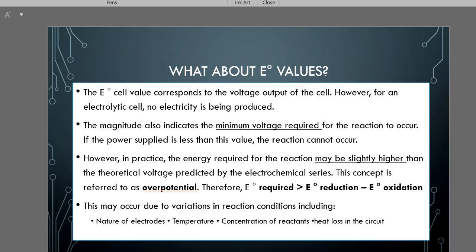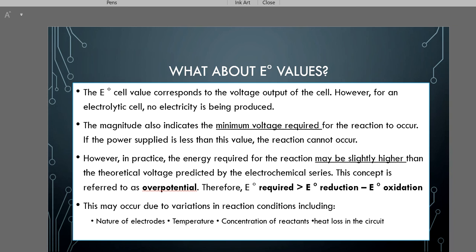But what we're working out is the minimum voltage required for that cell to work. So rather than how much we're going to get out of that cell, we're looking at how much energy needs to be put into the cell under standard laboratory conditions to get the reductant and the oxidant actually reacting and producing our products. You can actually use the series for this as well.